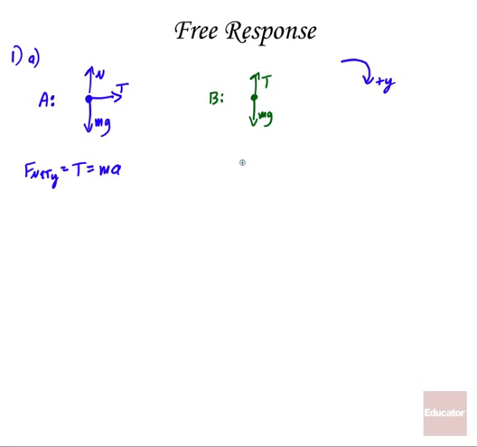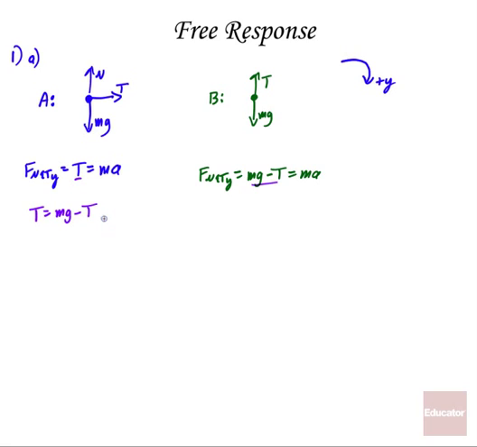Let's do the same thing for B. Net force in the y direction for B, well, mg is down in the direction of positive y, so mg minus T equals ma. All right, with those two, T equals ma and mg minus T equals ma, I can combine those. Since they're both equal to ma, I can say T is equal to mg minus T.